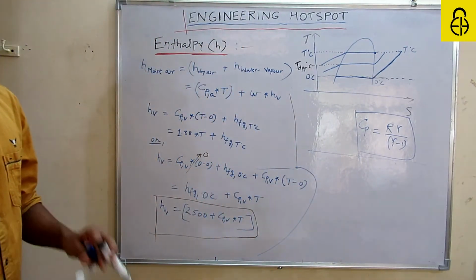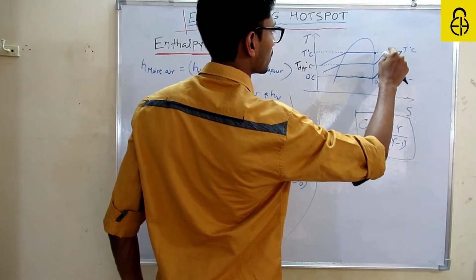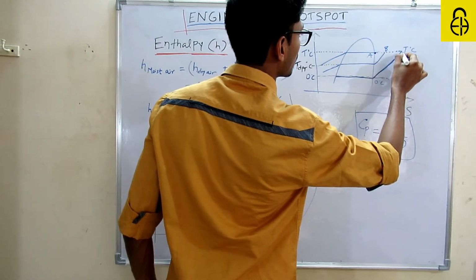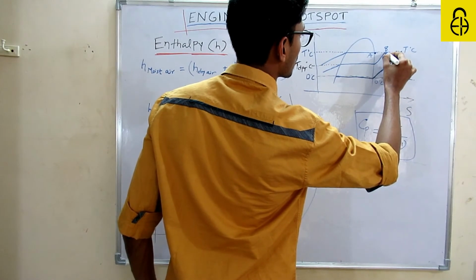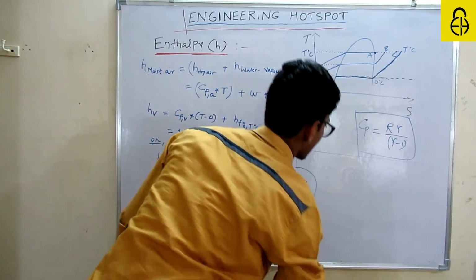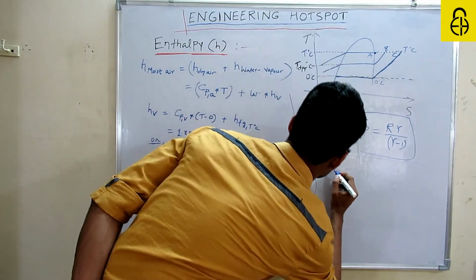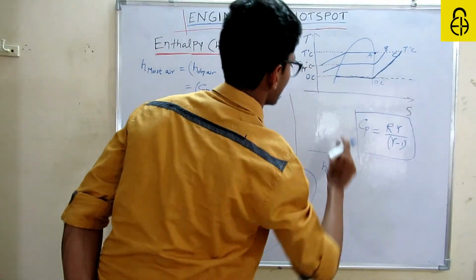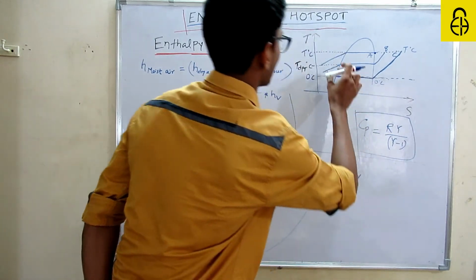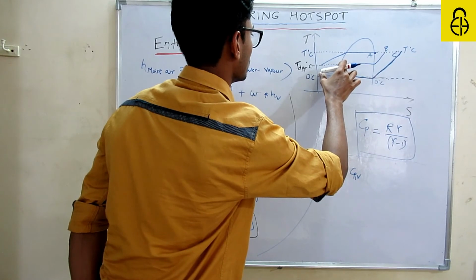If you write the enthalpy for this process, you can write this enthalpy as HV equals, for B, HV for this process B will be Cp of vapor into T dPt minus 0.